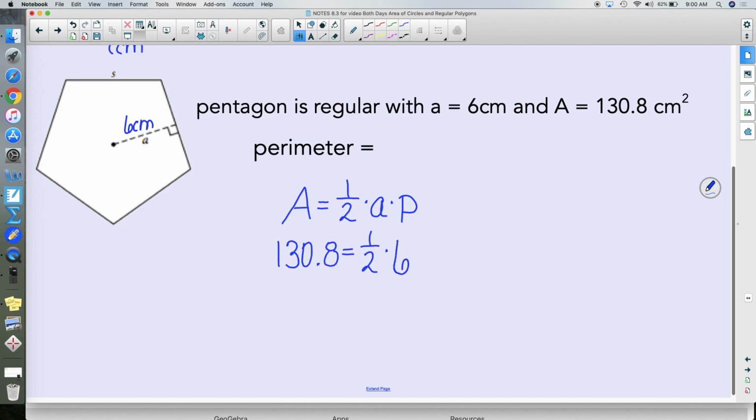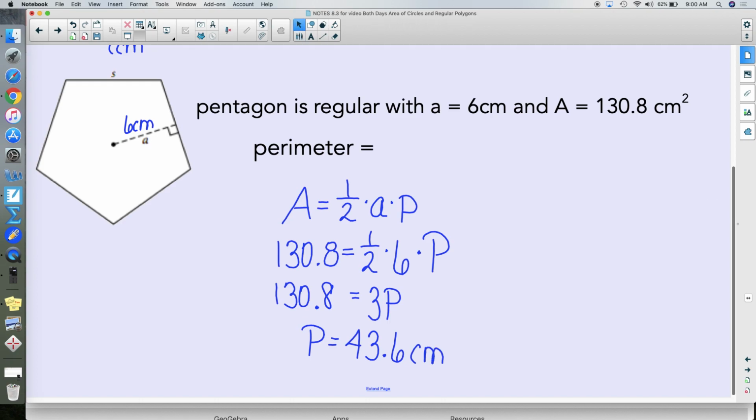Apothem can be replaced with 6 as given to us, and we'll leave capital P for perimeter as our unknown. And again, we want to see some good algebra for demonstrating where your answers came from. Just a set of random multiplies and divides is not really demonstrating to us what it is that you knew about how those variables related. So as we do some algebra, we get to the 43.6 as what we think the perimeter is. Perimeter is a length, and all of our lengths would be in centimeters.